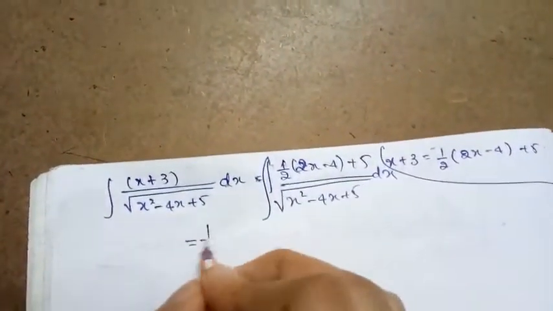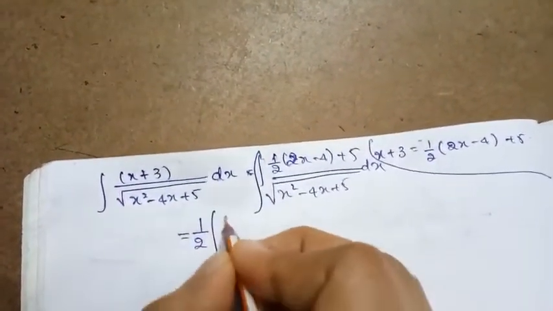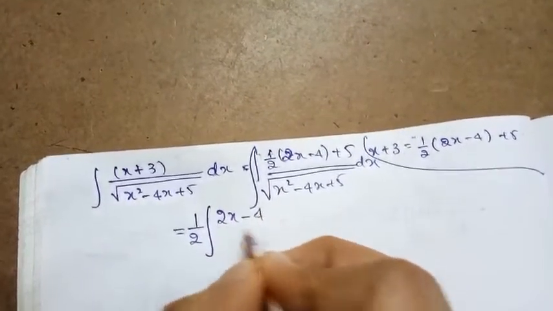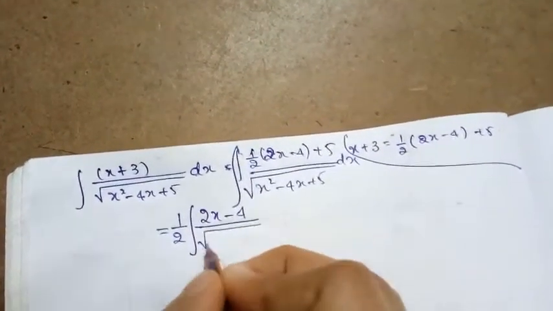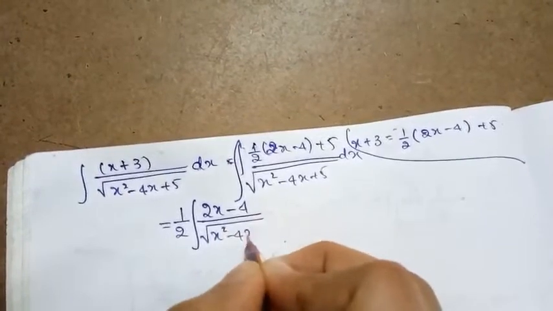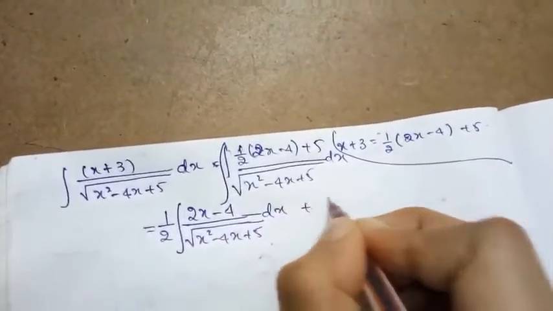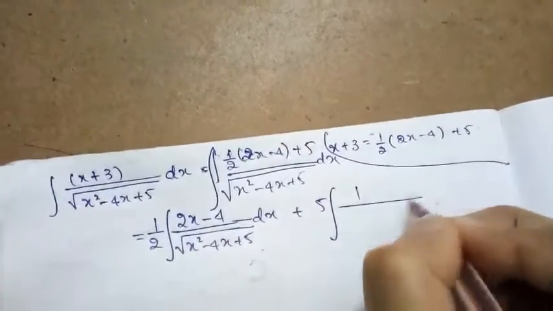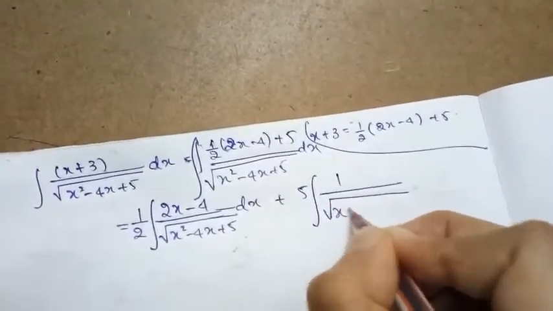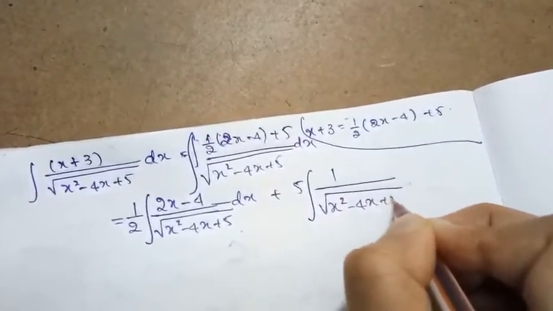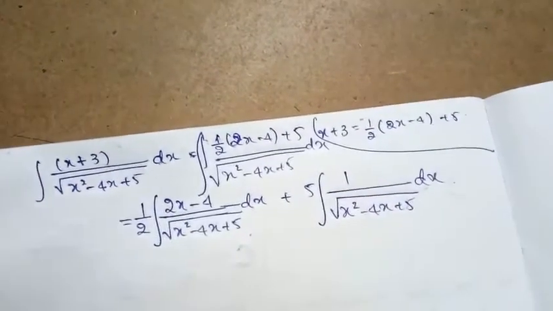Now I am splitting the numerator. So what happens? 1 by 2 is a constant. So 2x minus 4 divided by square root of x square minus 4x plus 5 into dx, plus 5 is a constant, 1 divided by square root of x square minus 4x plus 5 into dx.